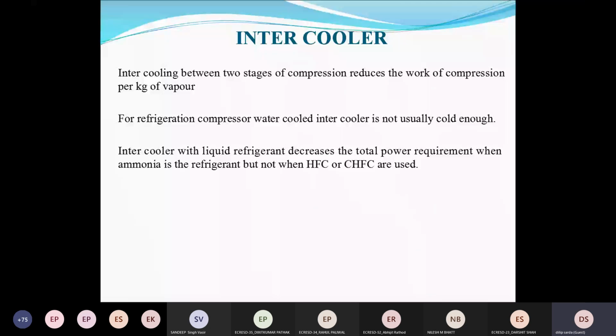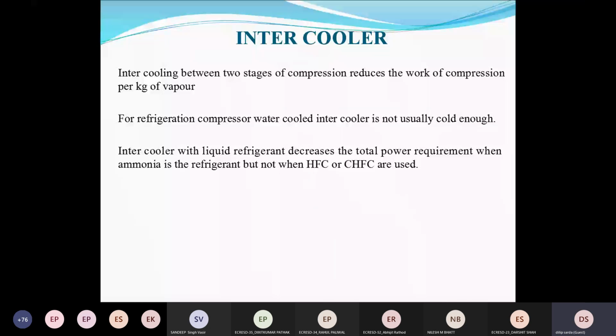For a refrigerant compressor, a water-cooled intercooler is not usually cold enough. We may not think that, like in the condenser, the same type of water can be used for the interstage cooler. It is not, because the interstage cooler temperature is slightly lower than the water available today in India.